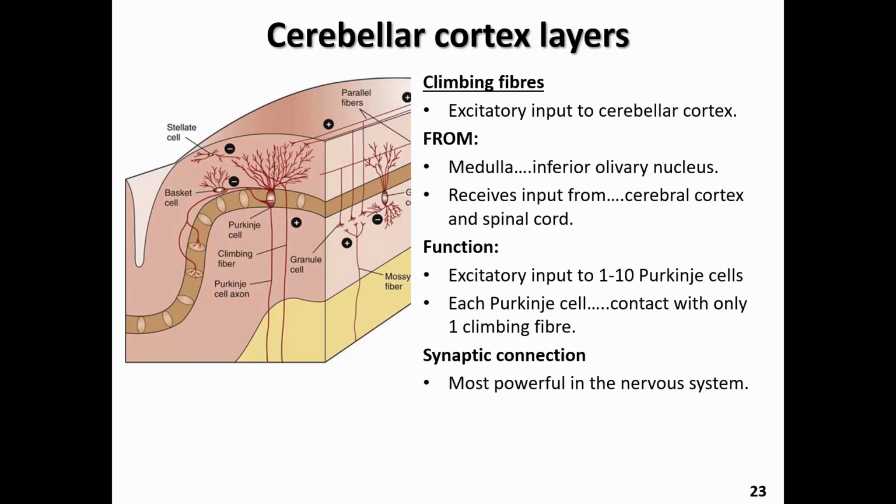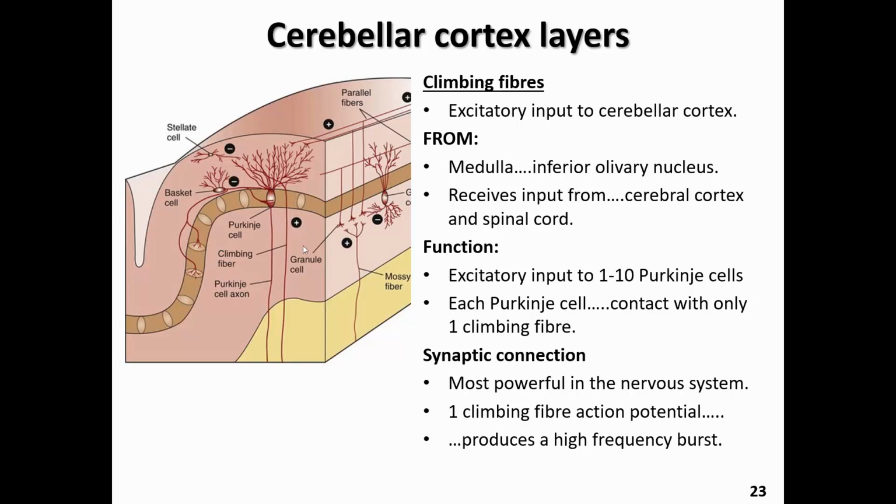And this particular synaptic connection is considered the most powerful in the nervous system, and you'll see that here on the next slide. It's considered powerful in that one climbing fiber action potential will produce a high frequency burst of action potentials.